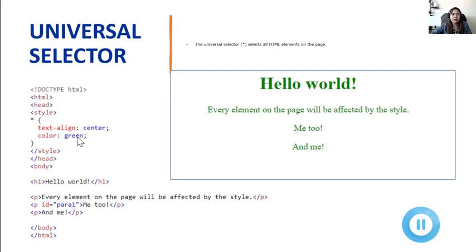You will only change this one to blue, for instance, only once, and all the other elements of your website will be affected and will change to blue, rather than changing it line by line. Okay, so again, at this point, please pause the video so that you could try this code out.